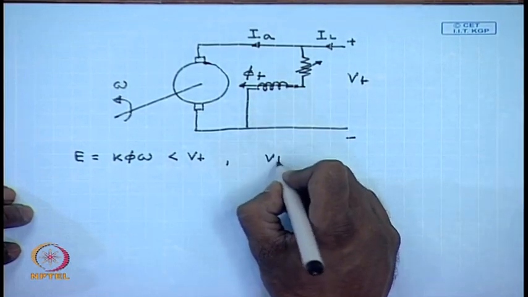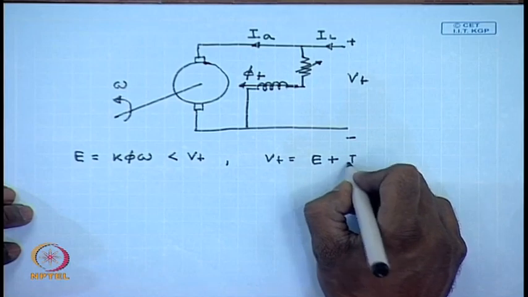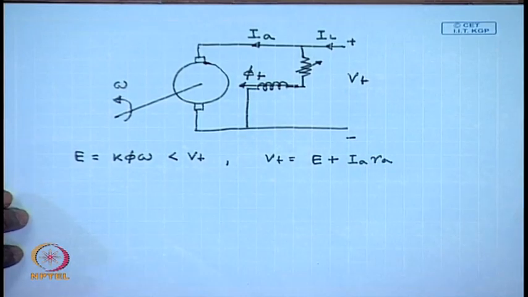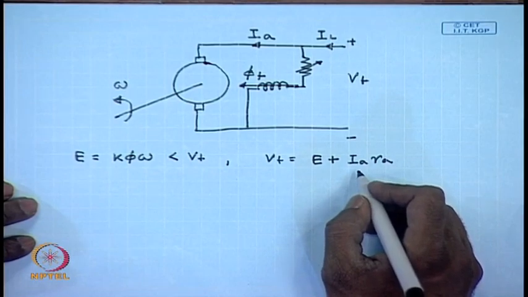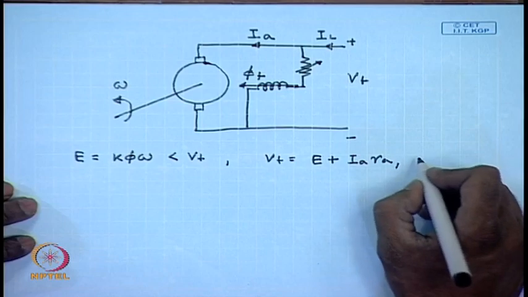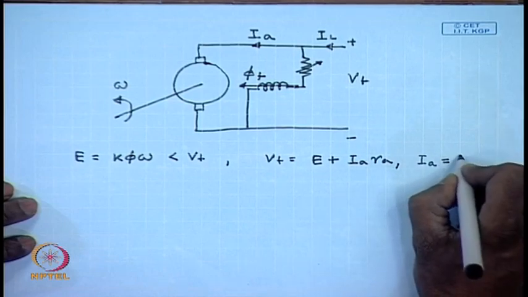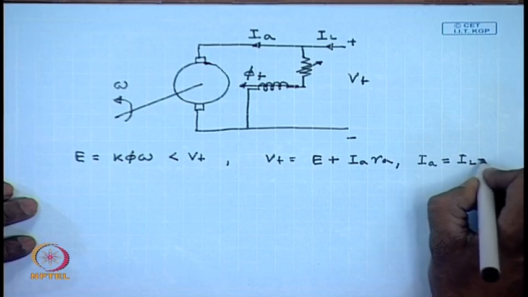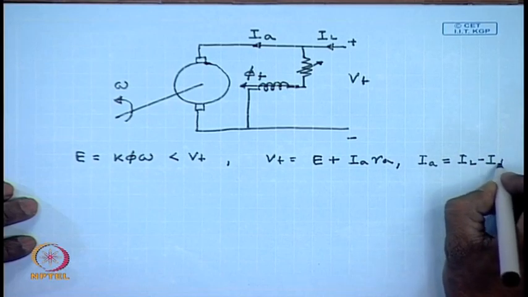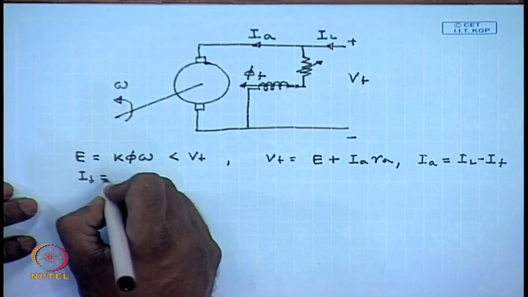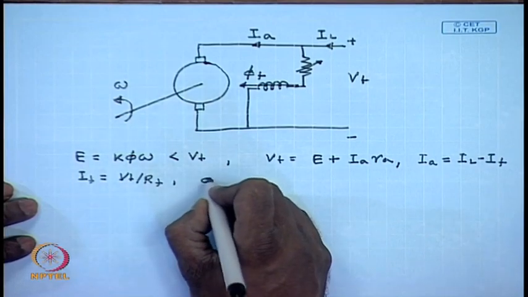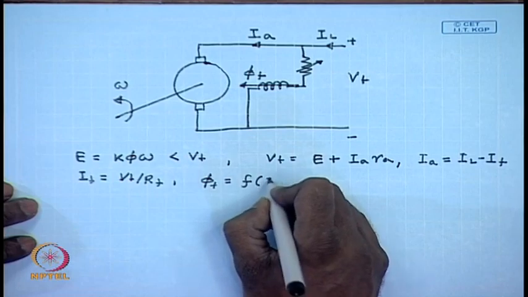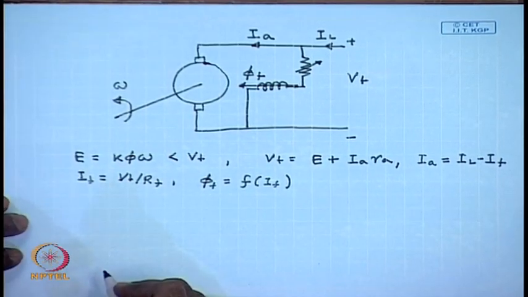And we can write Vt equal to E plus Ia Ra, Ia equal to IL minus If, If equal to Vt by Rf, and phi f is a non-linear function of If given by the magnetization characteristics.